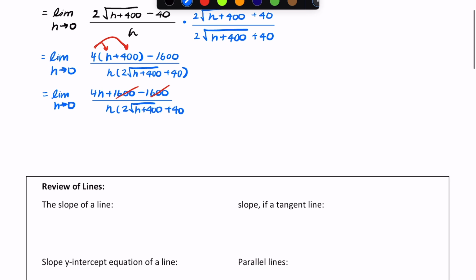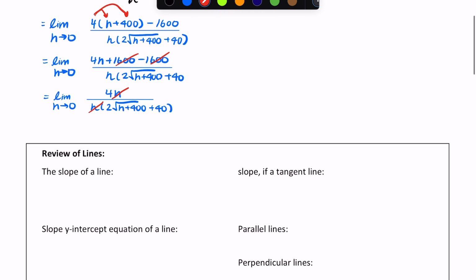Rewriting this, the limit as h approaches 0 of 4h over h times the bracket, and here we can cancel out the h.